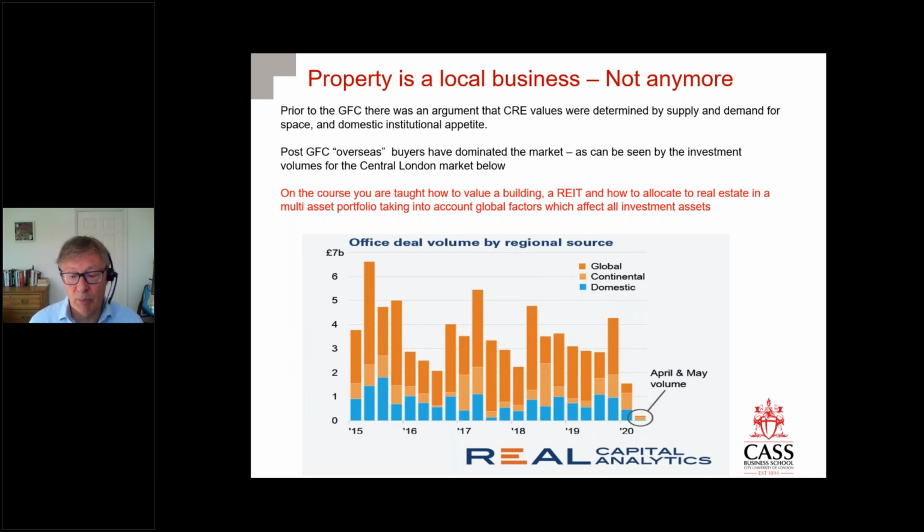What does that mean and what's the impact on pricing? As you've been taught in modules before the global real estate one, there's effectively a global cost of capital. An investor will look at a London office building, and we like to name our buildings after kitchen appliances or various other things in the UK. The Walkie-Talkie and the Cheese Grater were two big office buildings built post-GFC, which were sold to overseas buyers, and so was the Gherkin, sold to a Brazilian bank.